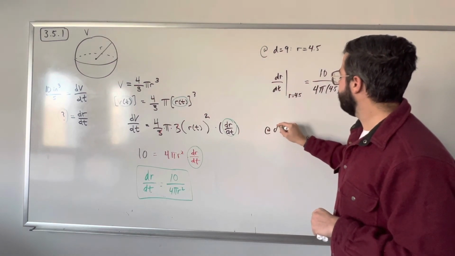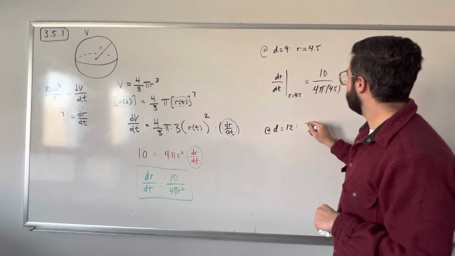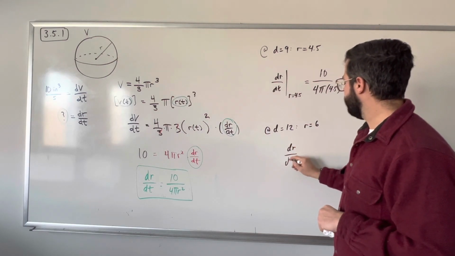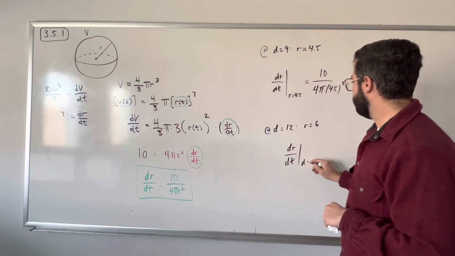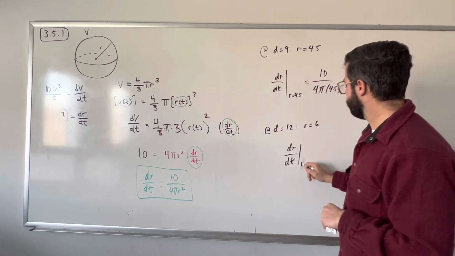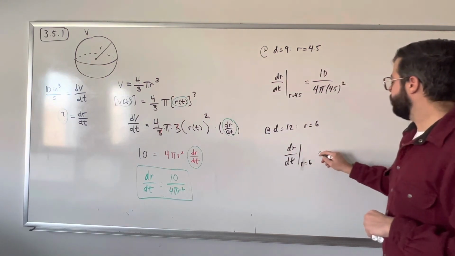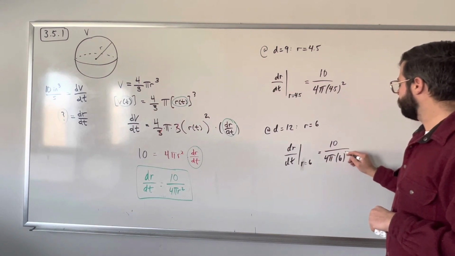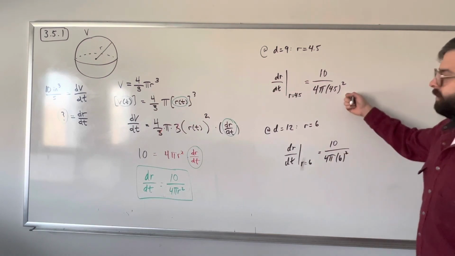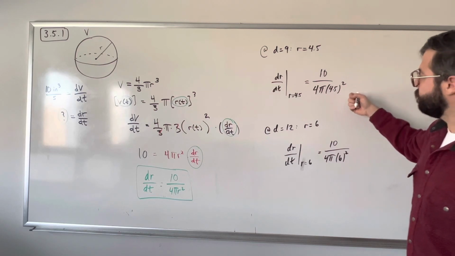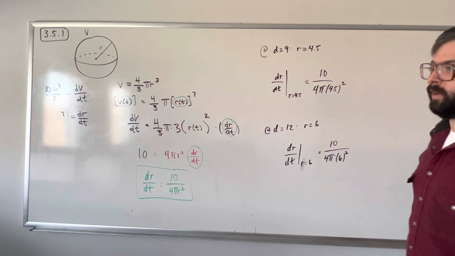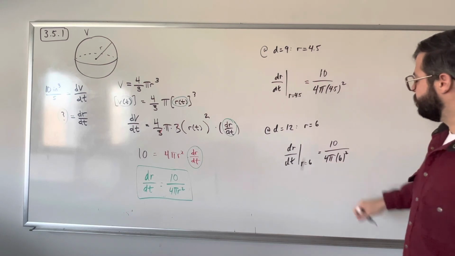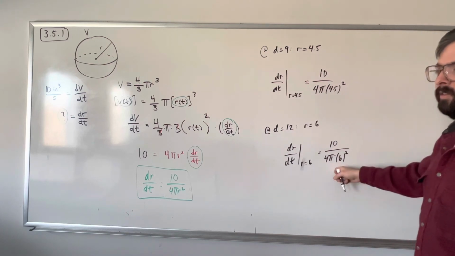And at d equals 12, that's r equals 6, so dr/dt at r equals 6 is 10 over 4π times 6 squared. I don't know the square of 4.5, it's somewhere between 16 and 25, probably close to 20. And here, 4 times 36, it's getting pretty big.